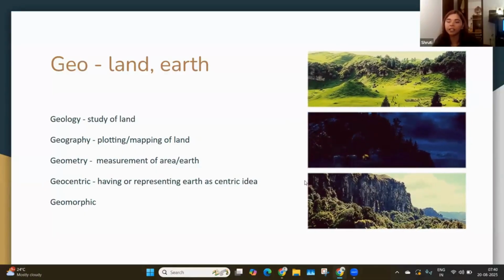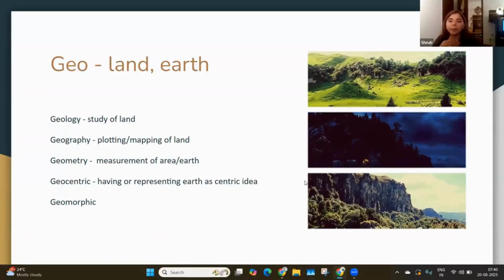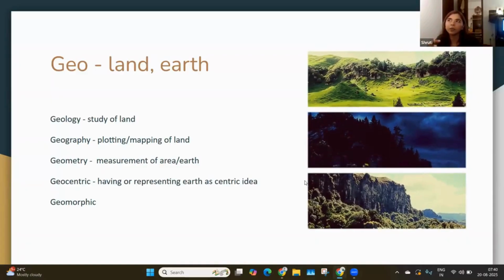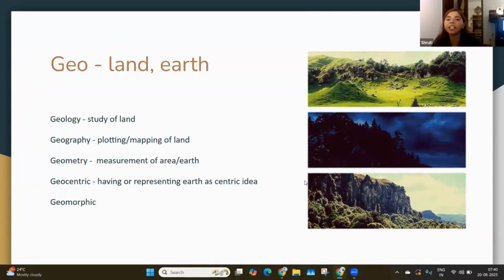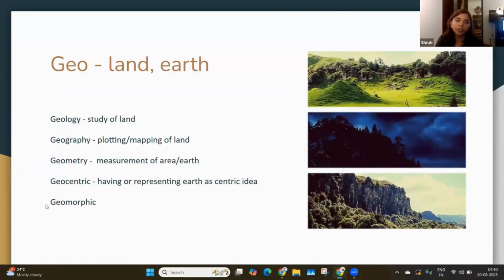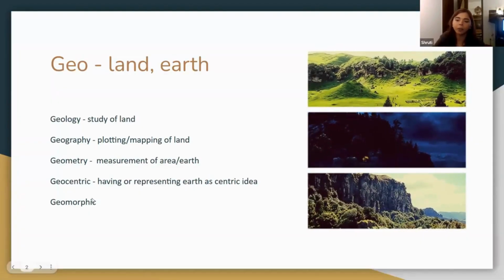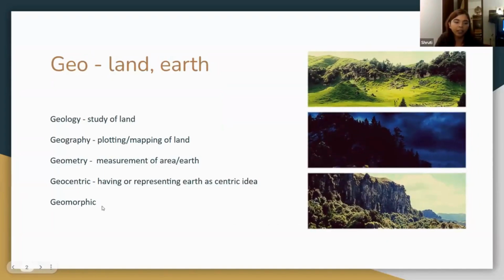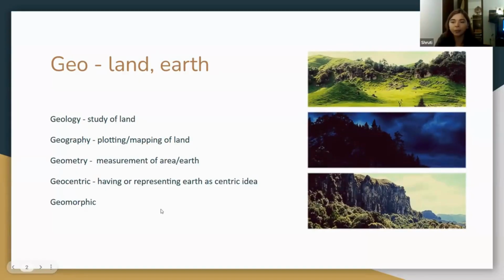This is another thing we should keep in mind: a root always has a connected meaning, but not always a very direct meaning. Now, the last one, geomorphic. As you remember, morphos comes from the idea that you're giving form to something. So geomorphic would be relating to the shape of Earth.